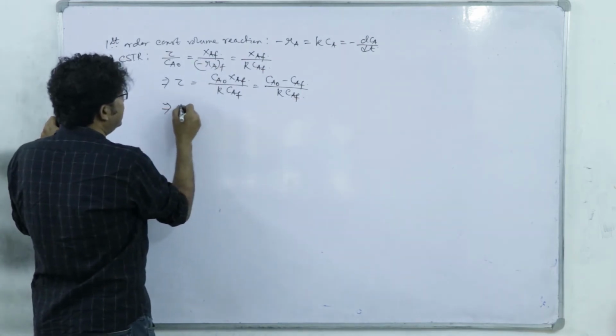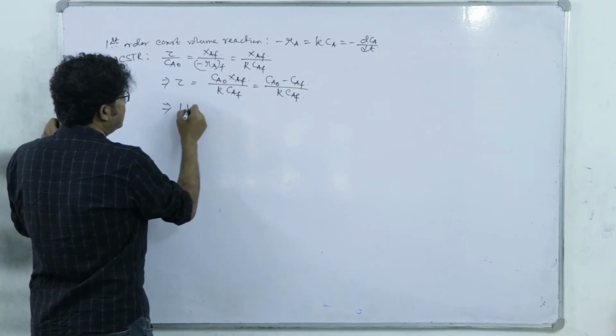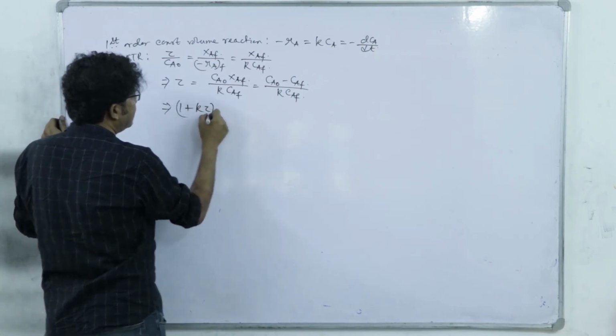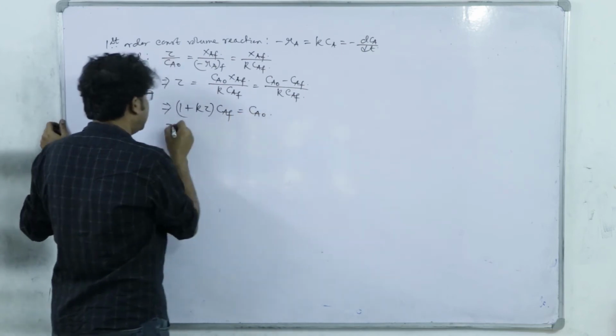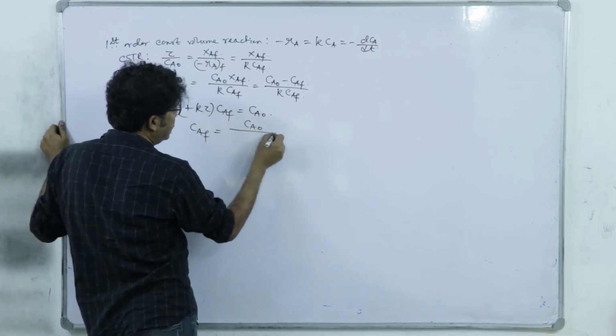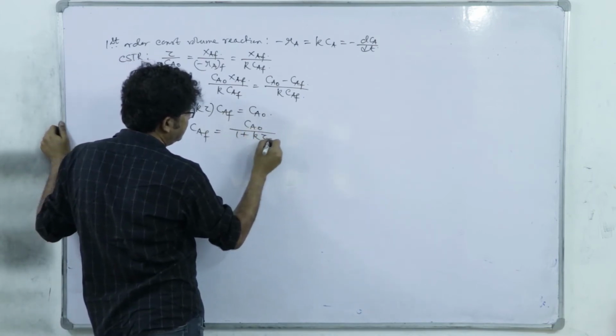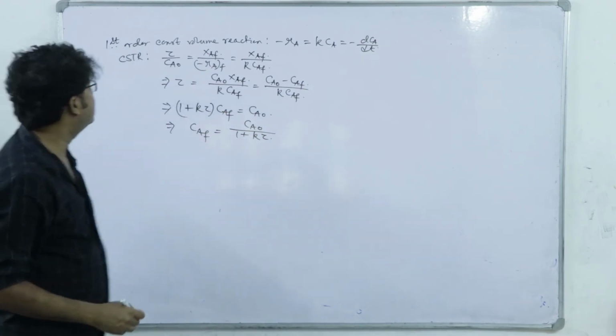So we have 1 plus K tau, Caf is equal to Ca naught, and finally Caf equals Ca naught divided by 1 plus K tau. Right. So that's the final equation.